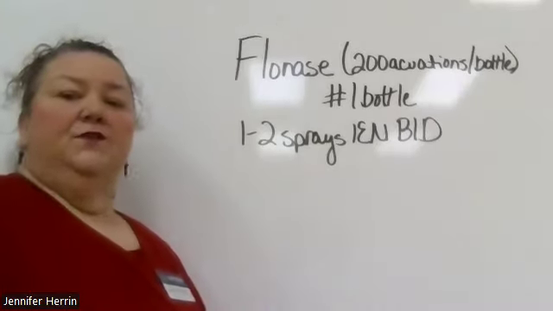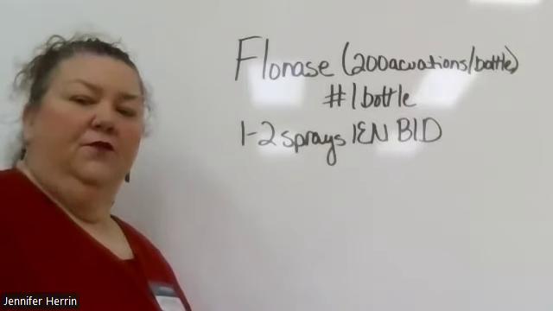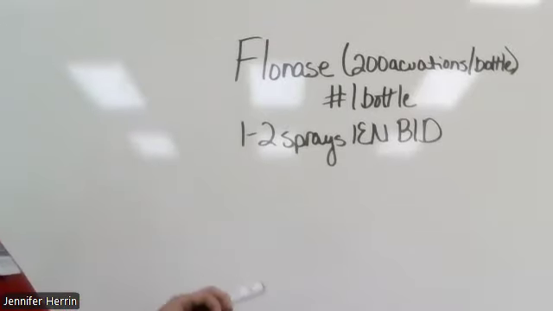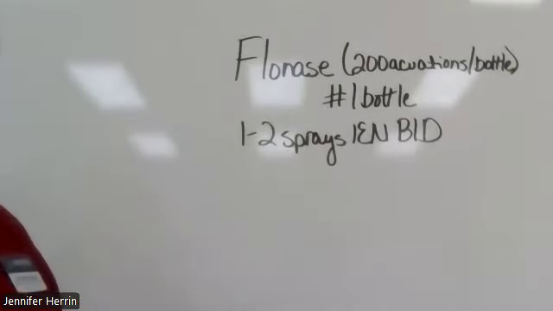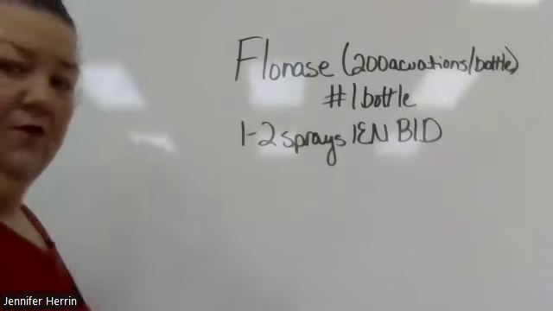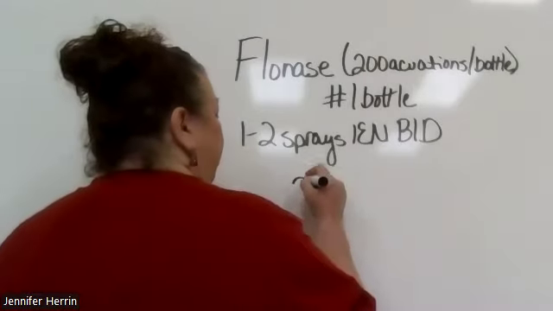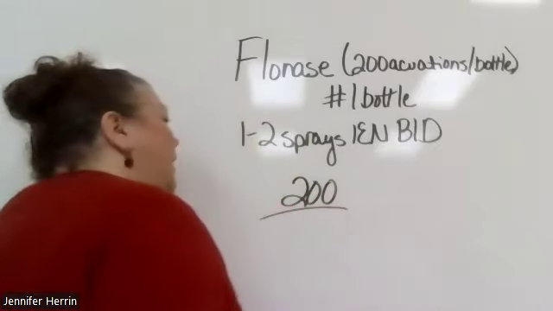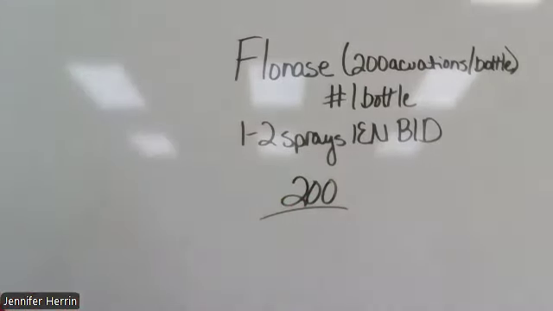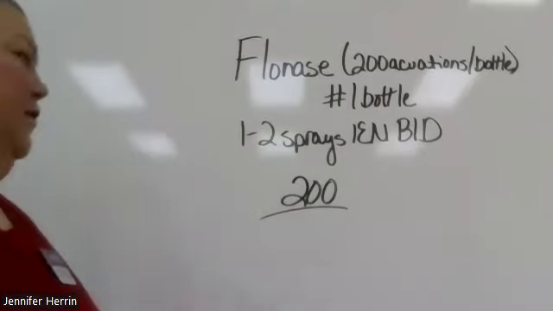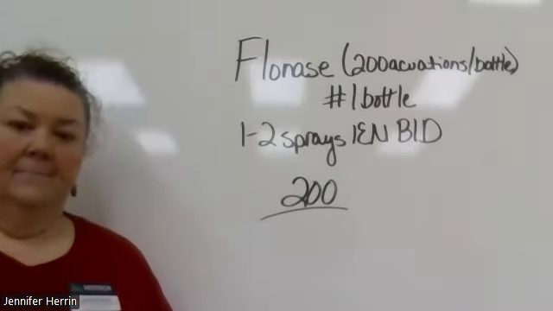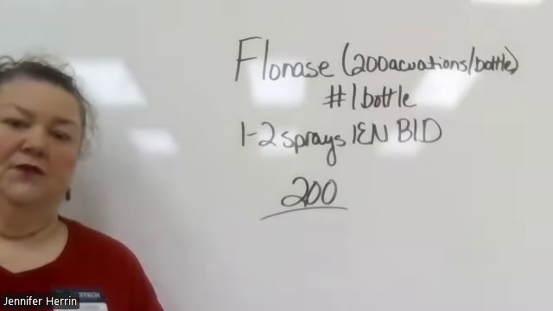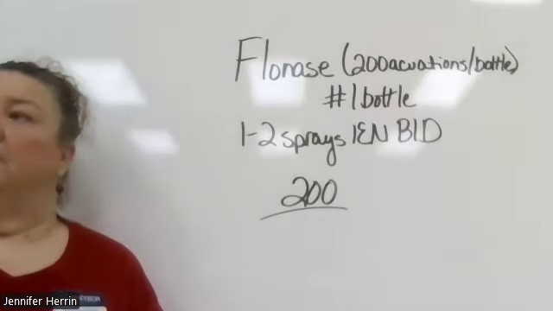So we're going to start with the original or the total quantity in the same units as our dose. So instead of putting one bottle as our total quantity, we're going to use the 200 sprays that are available in that bottle. Now, what am I going to use for the dose? How much medication is this person using at one single time?